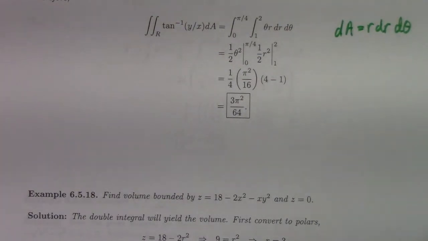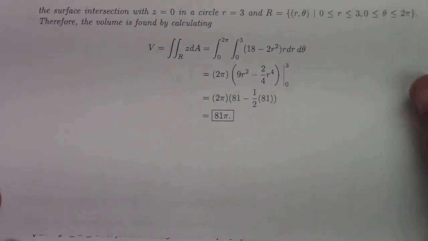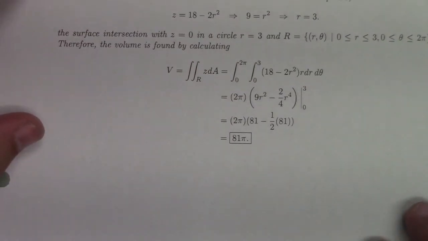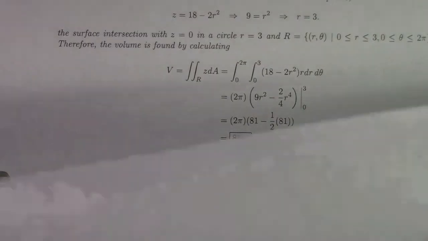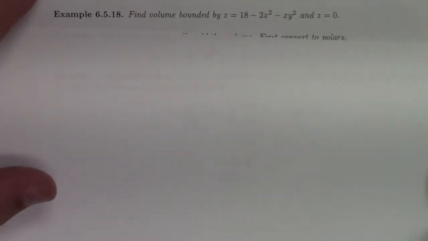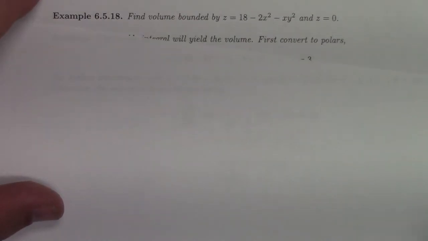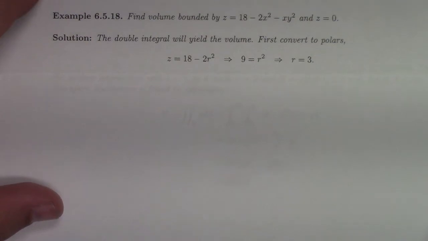Now finally, going back to a question about volume. So the next example here is about volume. So suppose we're to find the volume bounded by 18 minus 2x squared minus xy squared and z equals to 0. Ooh, I wonder if there's a typo right there.